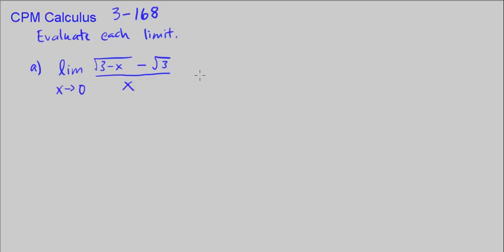Whenever you get a limit, you can just try to plug in x equal to 0 and see what that gives you. So you get square root of 3 minus 0 minus square root of 3 over 0. We have a 0 in the denominator, and the numerator is square root of 3 minus square root of 3, so that's 0 over 0.